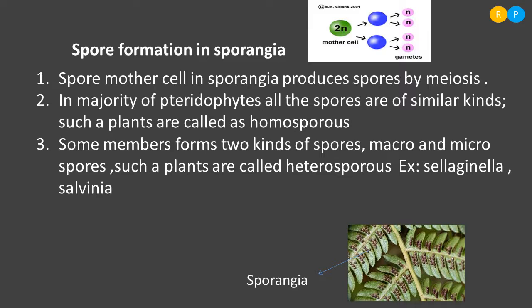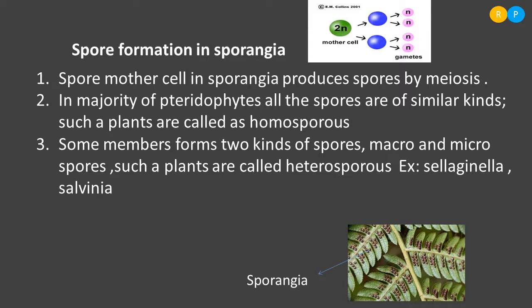The best examples of heterosporous plants are Selaginella and Salvinia. These two plants are heterosporous because they produce two different kinds of spores, macrospores and microspores. Understood, right? So this is a very important concept from the point of view of examination.